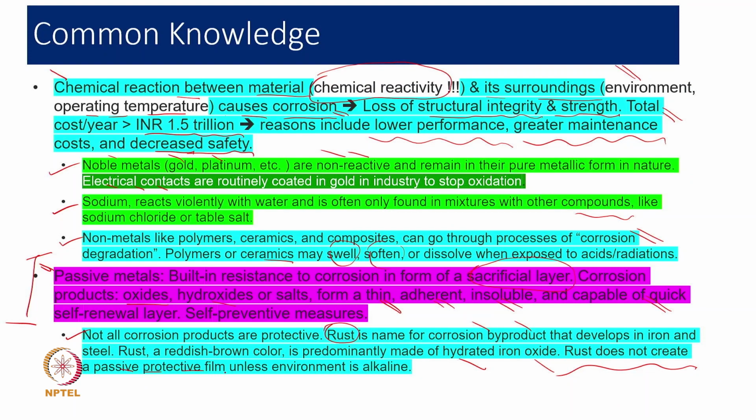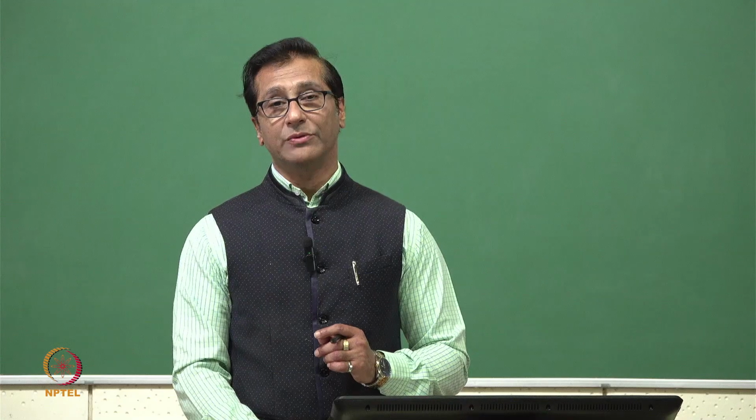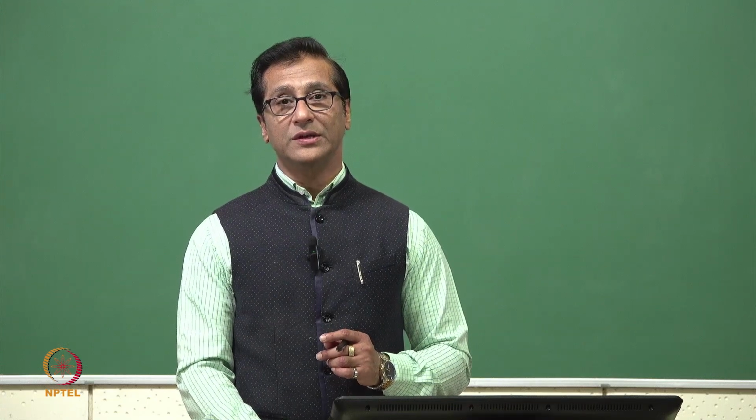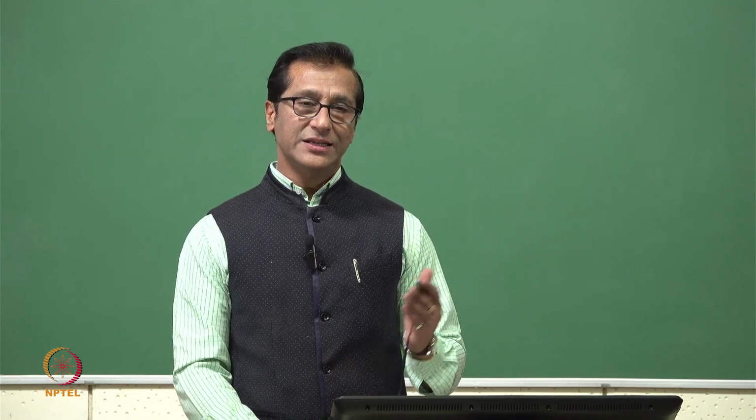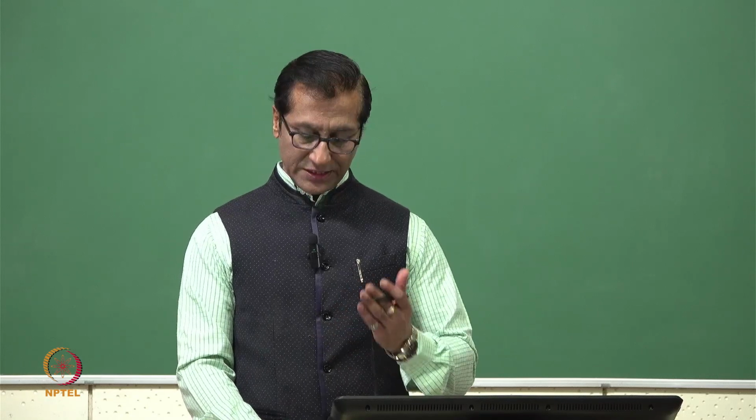It does not create a passive protective film unless we use an alkaline material in the environment, some pH value more than 7. If the pH level is lower than 7, then rust will continue, maybe at a lesser rate, but it will not stop. So this is knowledge already known to us.